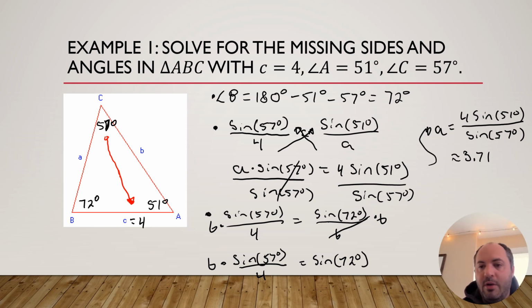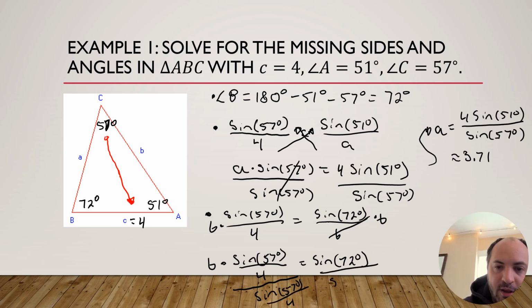And here's my other method. So B is now multiplied by this ratio of sine of 57 divided by 4. So I can undo that multiplication to move it away just by dividing everything by this fraction. So I'm going to divide by my sine of 57 degrees, all divided by 4, on both sides.